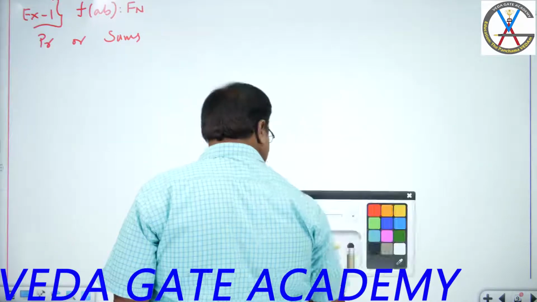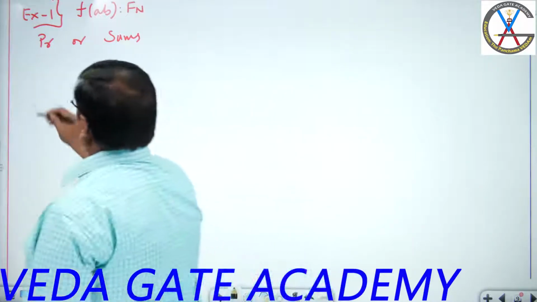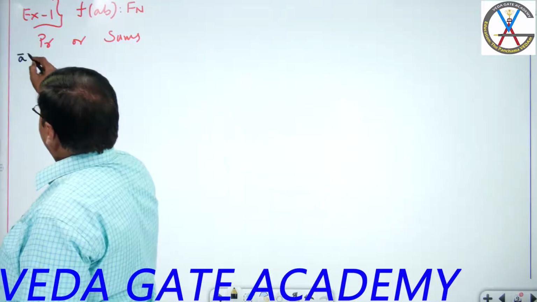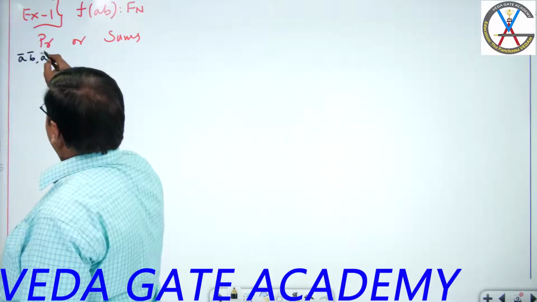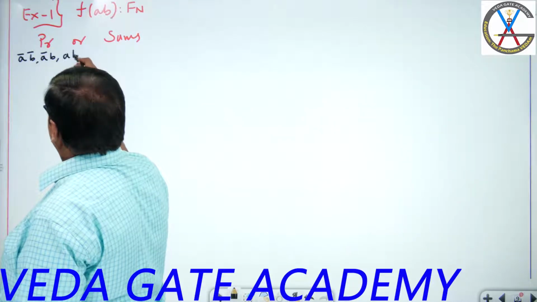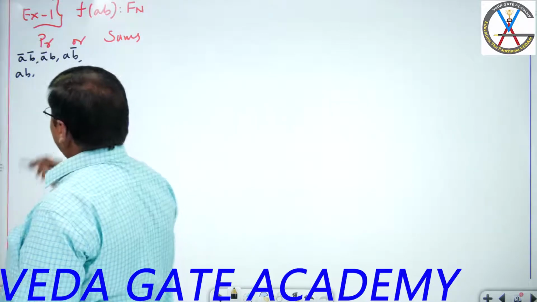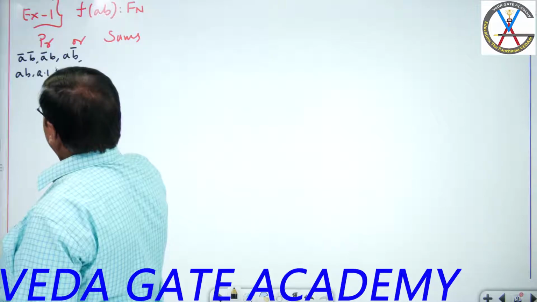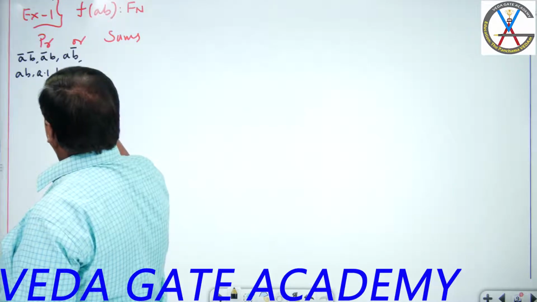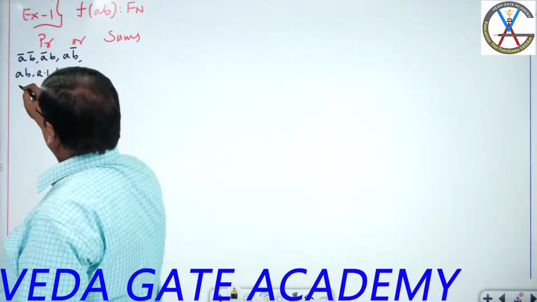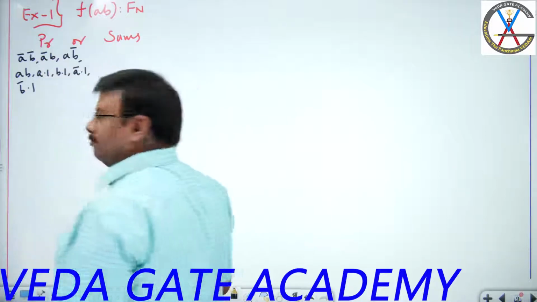Quick revision. Products: A bar B bar, A bar B, A B bar, A B, and A into 1, B into 1, A bar into 1, B bar into 1.